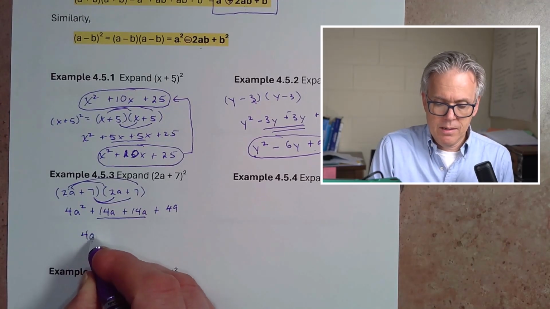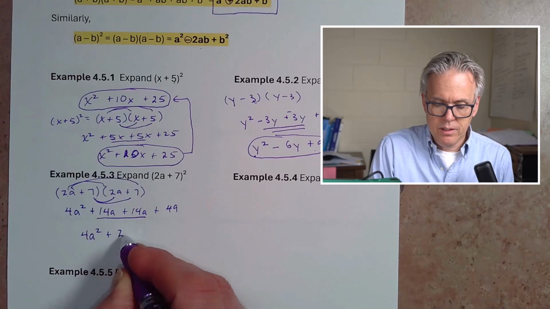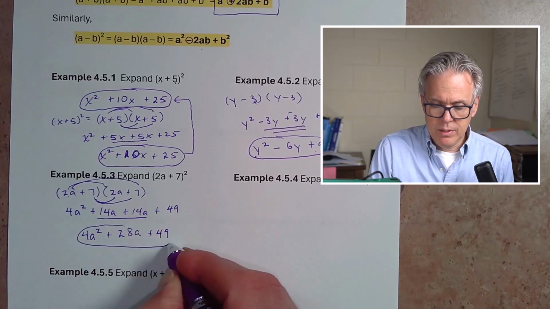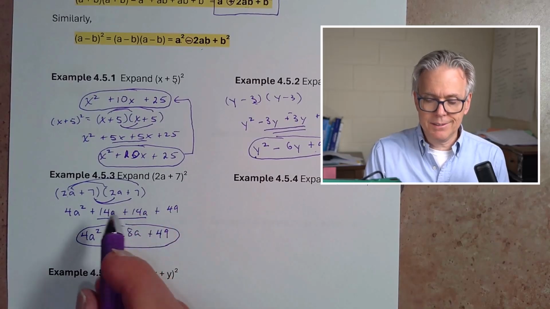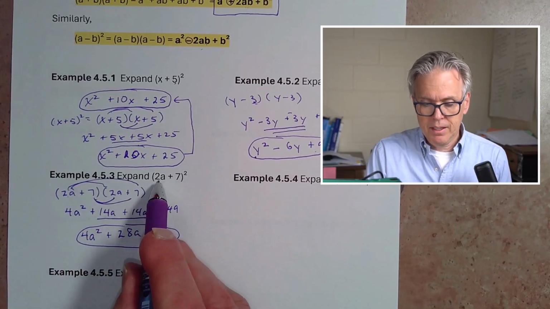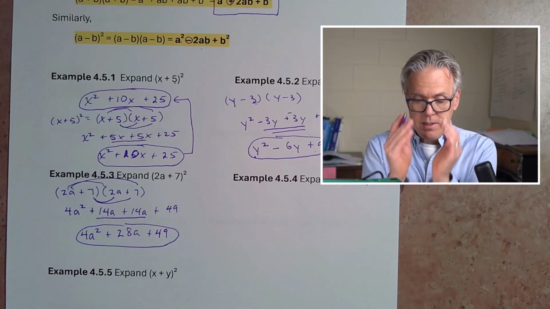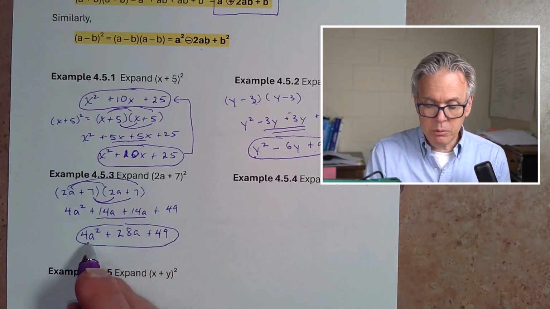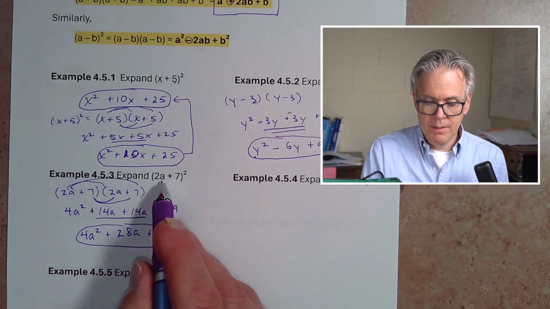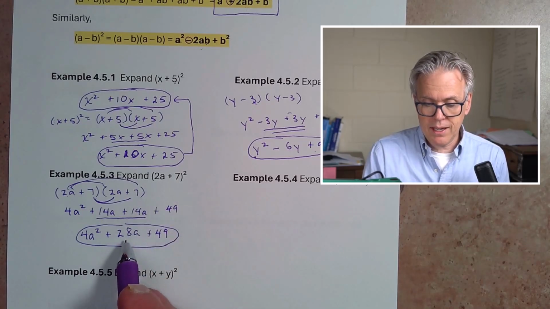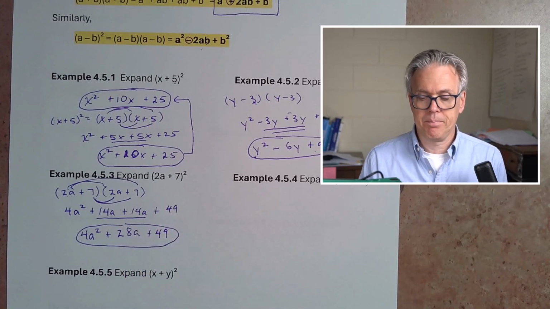So I'll get 4a squared plus 28a plus 49. Students that often try to use the pattern, this is one of the ones where they'll miss it. Square the first term, it's 2a quantity squared. So we have to have parentheses around that, which gives us 4a squared. And then the product of 7 and 2a is 14a, doubled is 28a, and then square the last term.